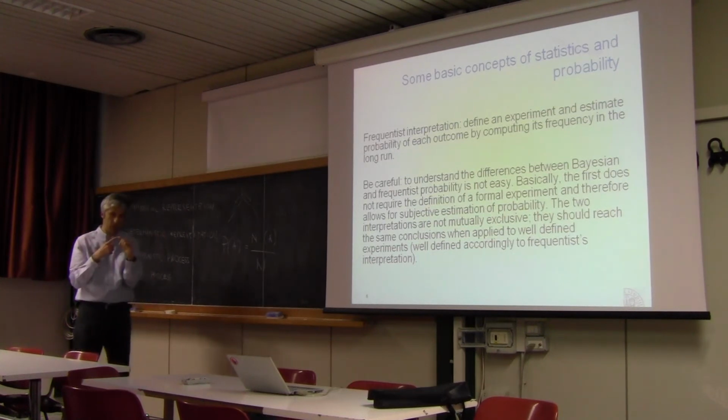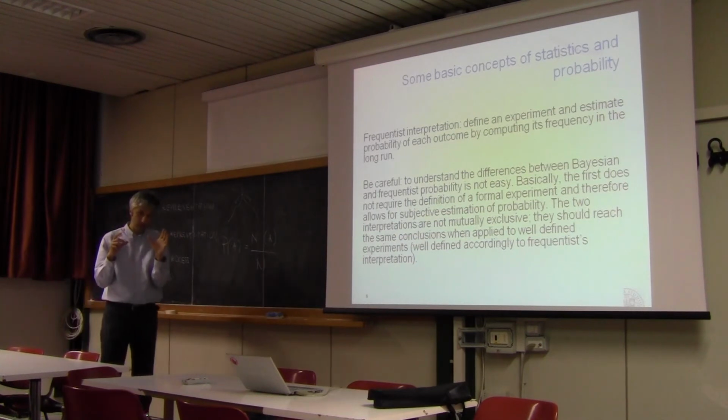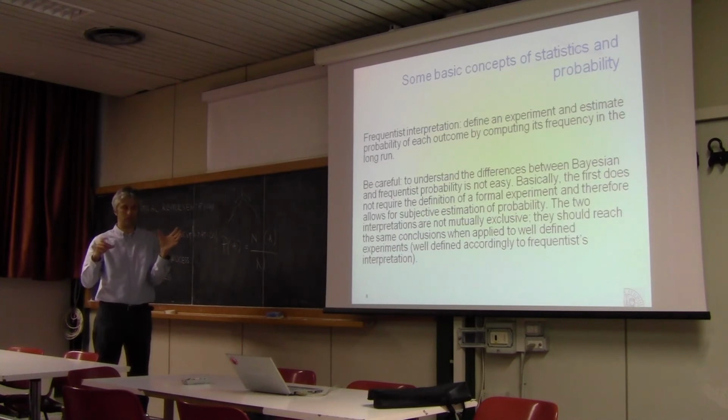Two main problems. The first problem is that you look at your data, and you see that your data don't look like a heads-or-tails problem. Don't look like tossing a coin. You have different values, and each of them appears only once, because they are real data. So the first problem is that I don't have a finite number of outcomes.